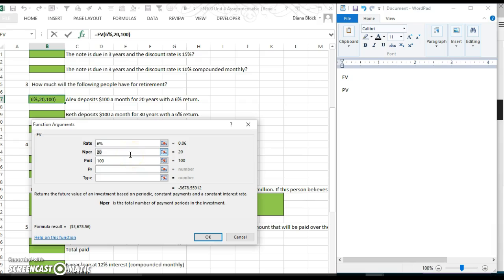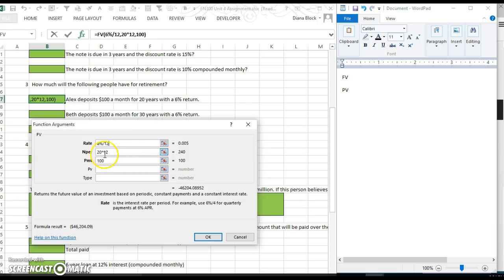So on these number of periods, we're doing this for 20 years, 12 months per year. So we're depositing $100 a month for 20 years, 12 periods a year. And so we also then need to get the compounding, the interest rate, on a monthly basis.